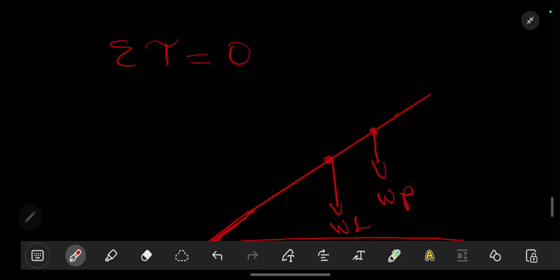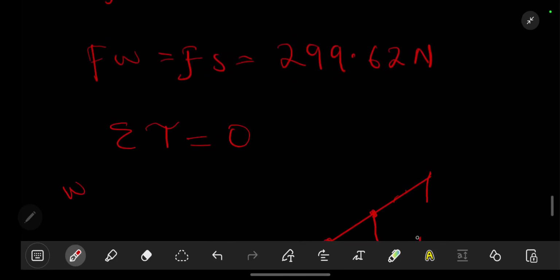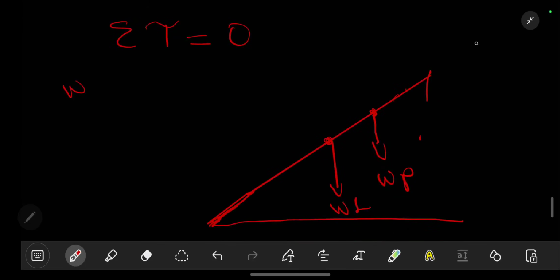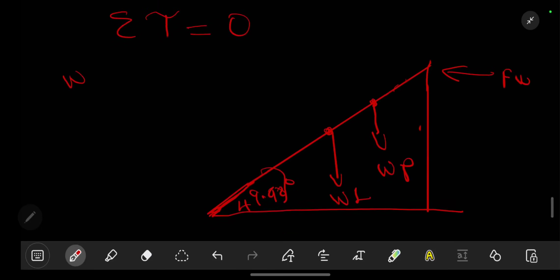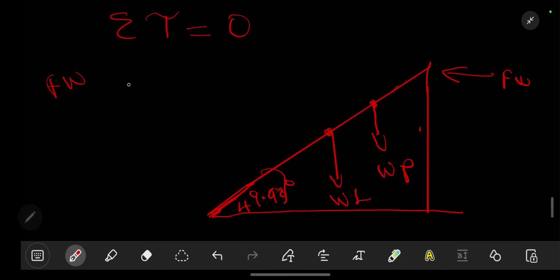Let's begin on the wall. So we have the force on the wall, and we have found this angle to be 49.98 degrees. So we have the force on the wall times the distance. So from here up to here, we have been told that this is 15 meters. So we are going to say 15.